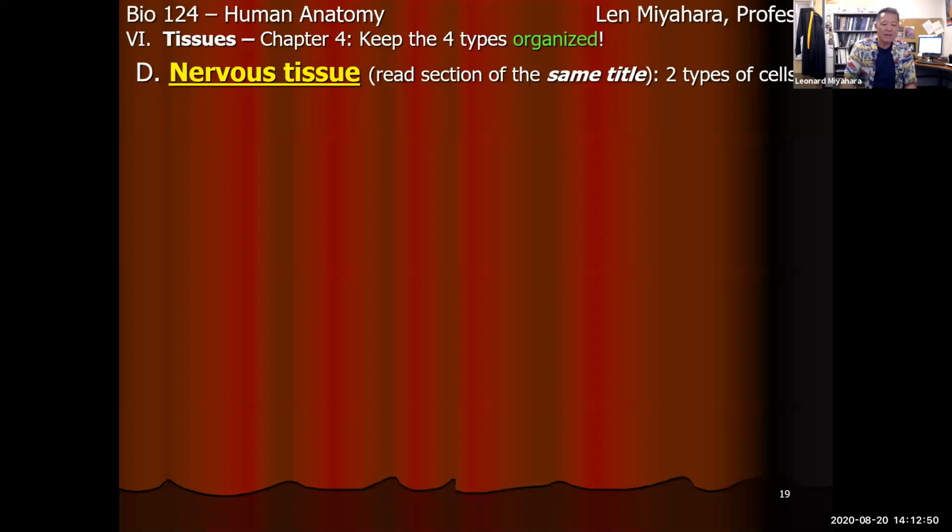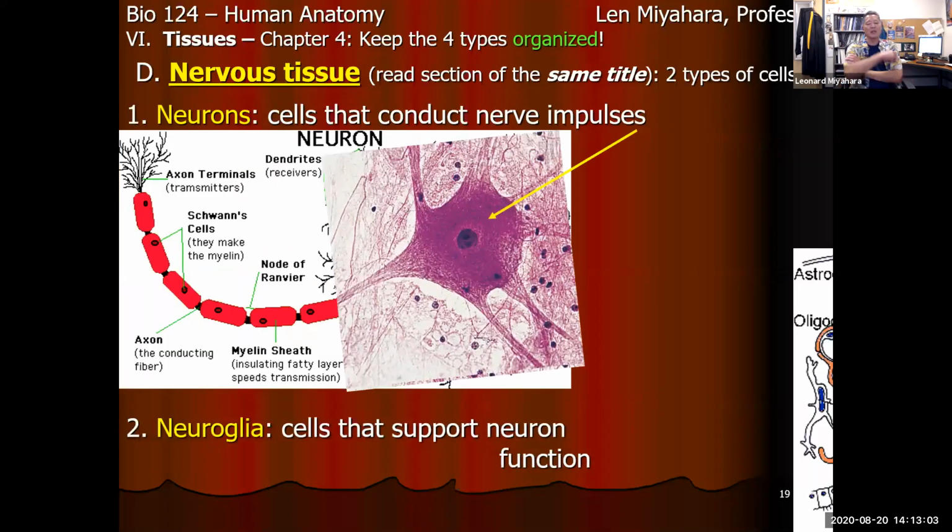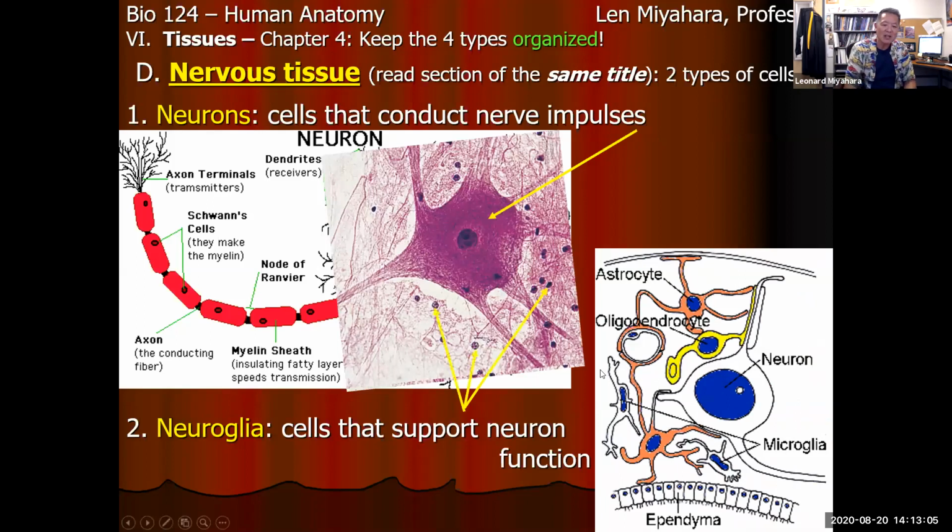And then we have nervous tissue. Again, there are no tissues in nervous tissue. If the question asks for cells, you're in tissue type number 4, nervous tissue. Because you either have a cell that conducts nerve impulses, and there are different types of neurons, but I'm going to use a multipolar neuron, which looks like a large star.